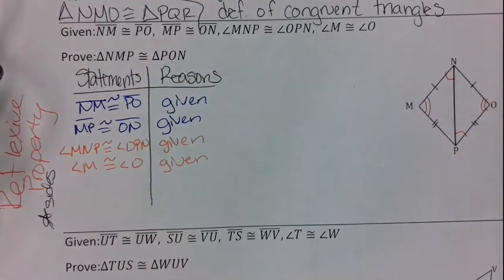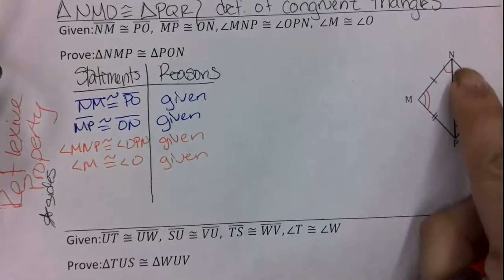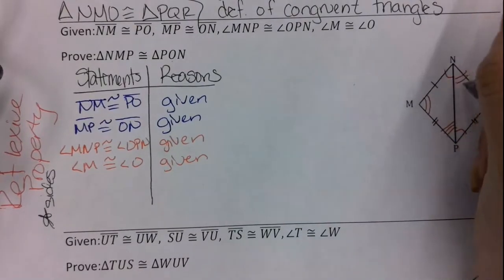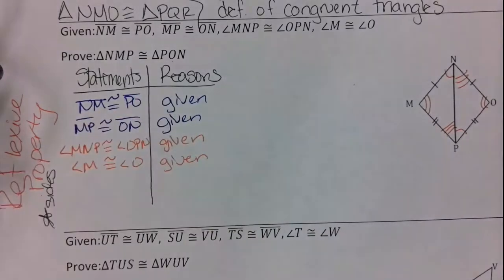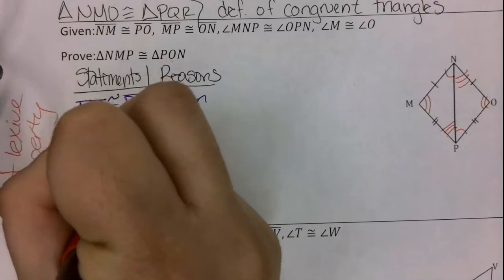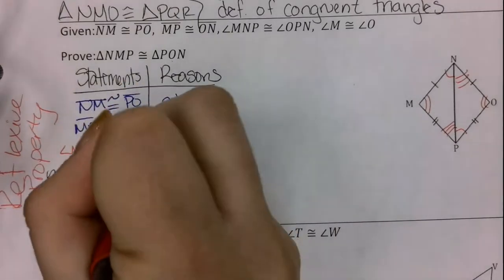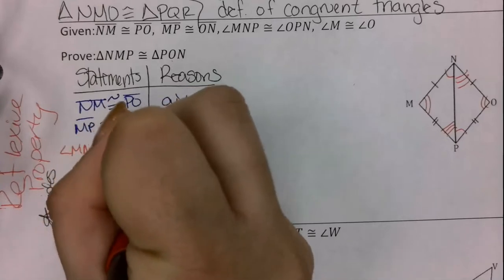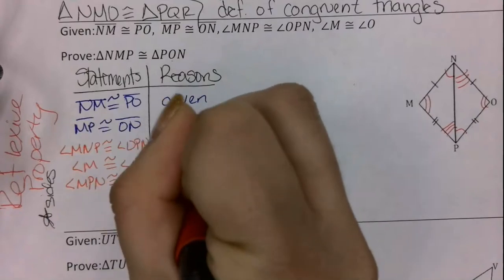So from the last one we did, I can get the third angle when I know two angles. So that's angle MPN is congruent to angle ONP by the third angle theorem.